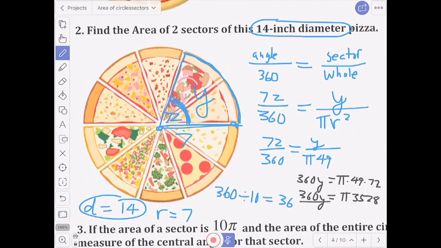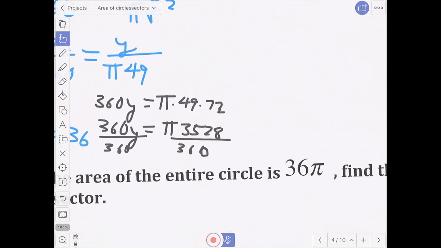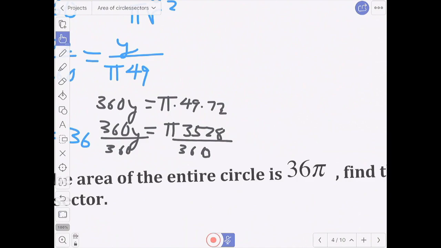And all that's left to do is divide both sides by 360. He did not say to round, so I'm not going to type pi into my calculator. I'm going to leave pi in the answer. So at the very end here, it's just 3528 divided by 360, which comes out to be 9.8.